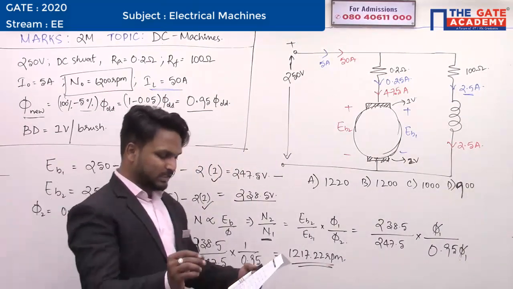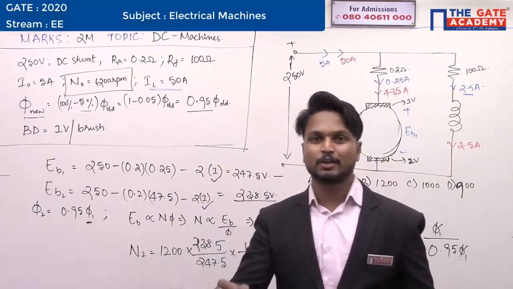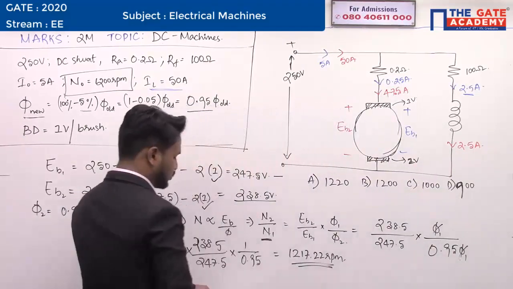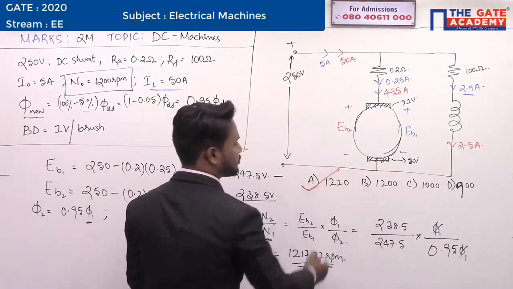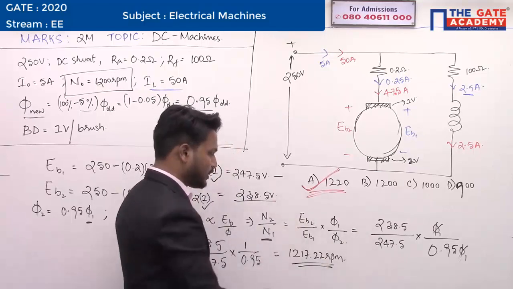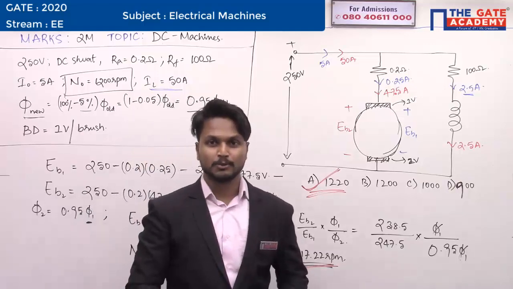So in the question it is mentioned that the speed of the motor under this load condition is closest to, see, 1217 is closest to which number among these? 1220, right? So you will mark option A as the answer. The answer for this question is 1220 RPM. The actual value is 1217.22 RPM. It is closest to 1220 RPM.